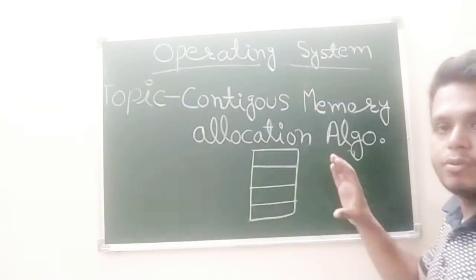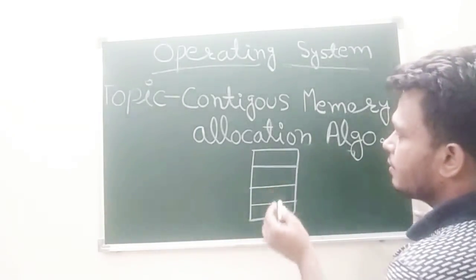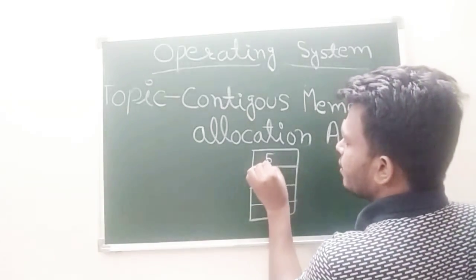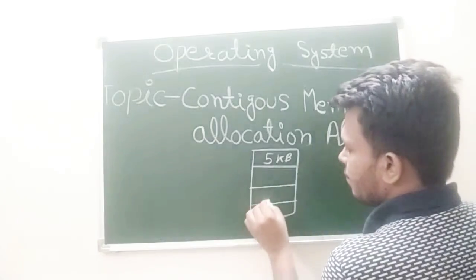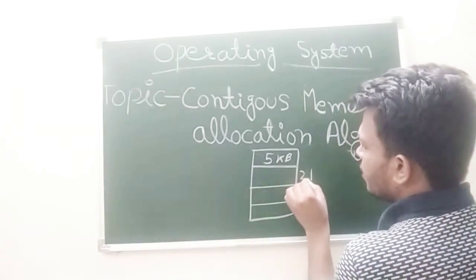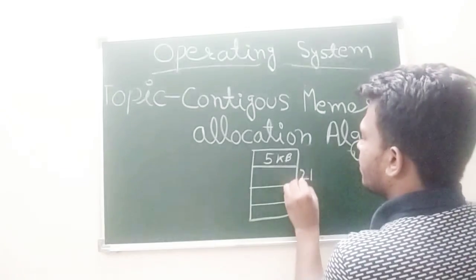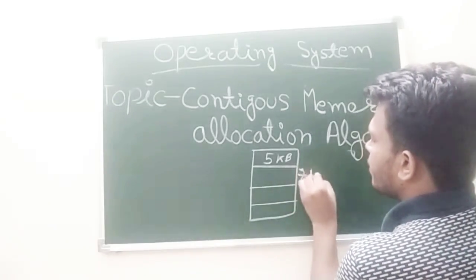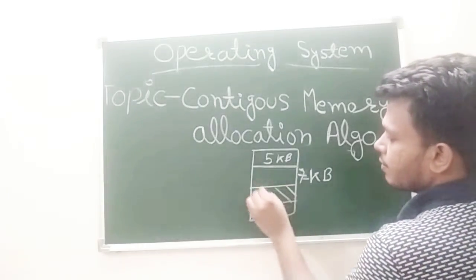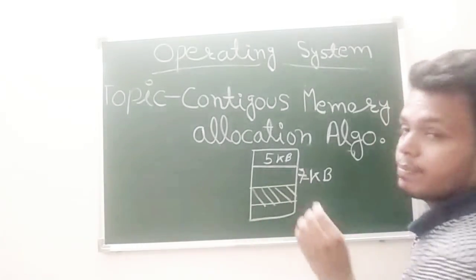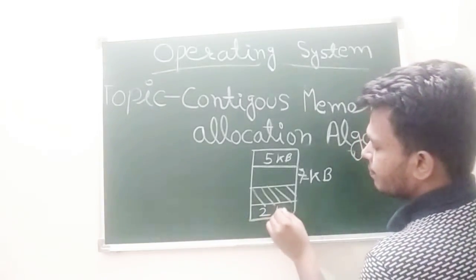It has been divided into different partitions, and suppose this is occupied with 5 KB, and this is 2 KB. Suppose this is not 2 KB, it is 7 KB, and this is also occupied for some system purpose, and this is used by 2 KB.